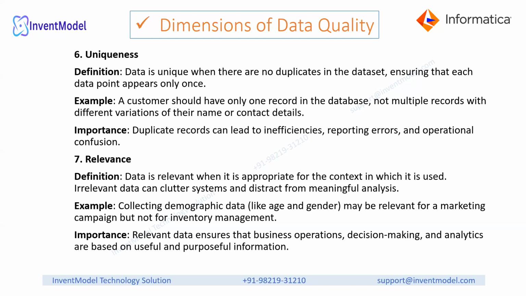Suppose we are collecting the age and gender of the customer, this can help us do proper marketing for different products, but it is not going to help us manage our inventory, right? So relevant data ensures that business operations, decision making, and analytics are based on useful and purposeful information.